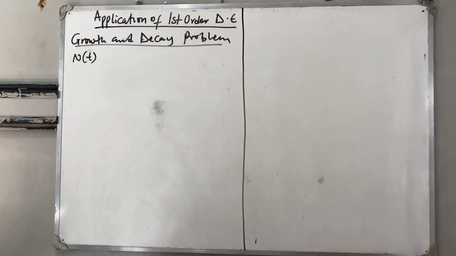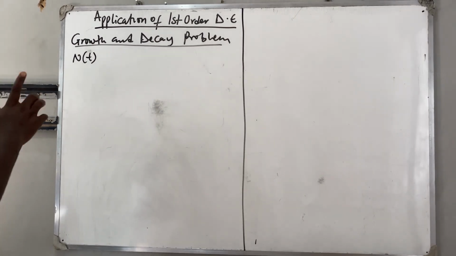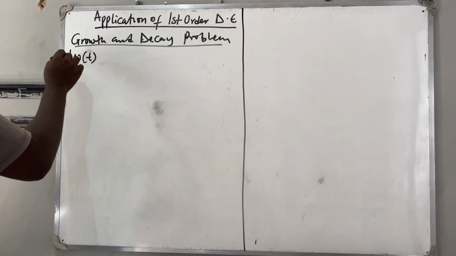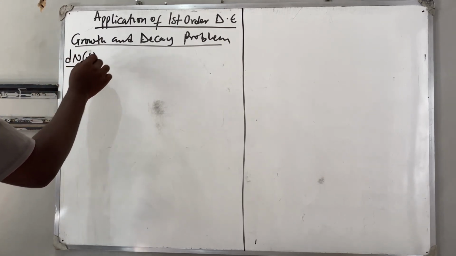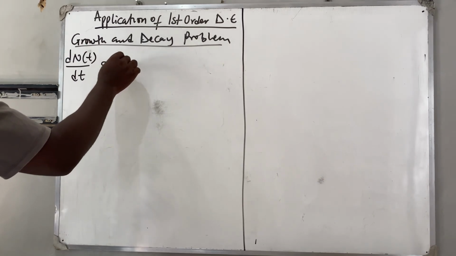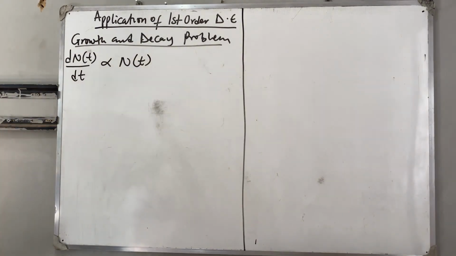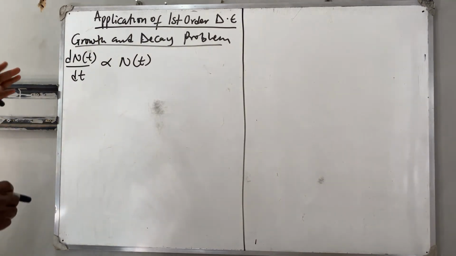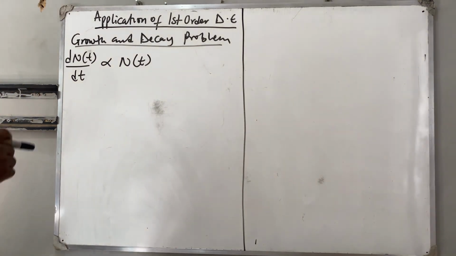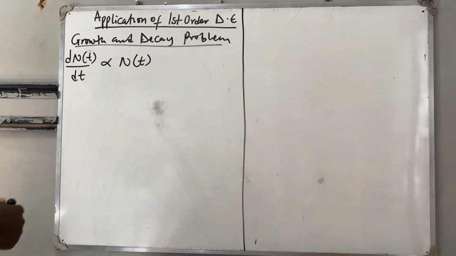If it is population growth, we say that the change in population with time is directly proportional to the current population. I'm going to derive it. Then after deriving it, we will use what we derived to solve many problems.